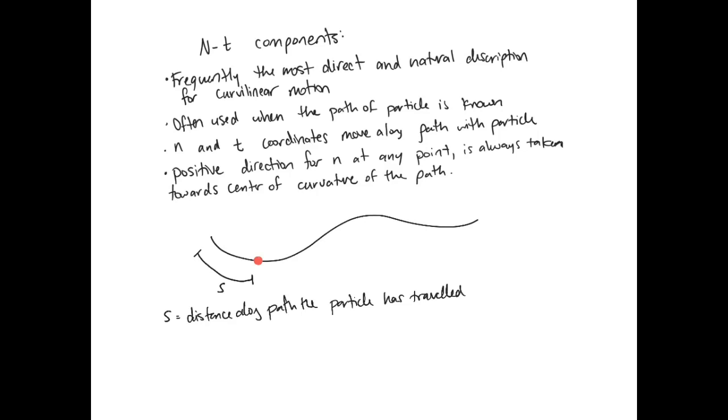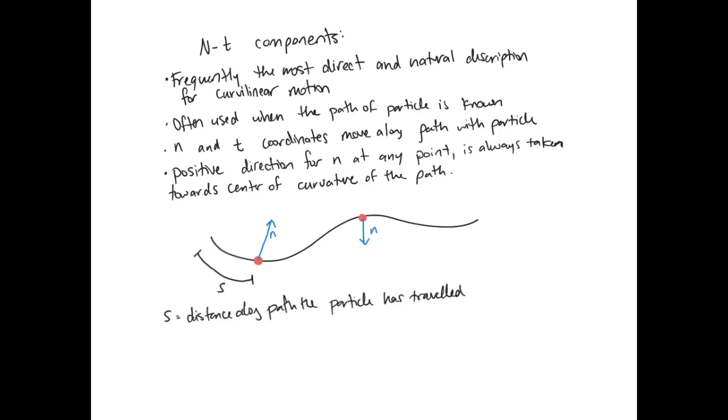Now, the normal direction is the coordinate axis normal to the path. So that means that the normal is going towards the center of curvature from where that particle is. If our particle is over here, our normal direction is pointing inwards here. If our particle is over here, it means that our normal direction is pointing towards the center.